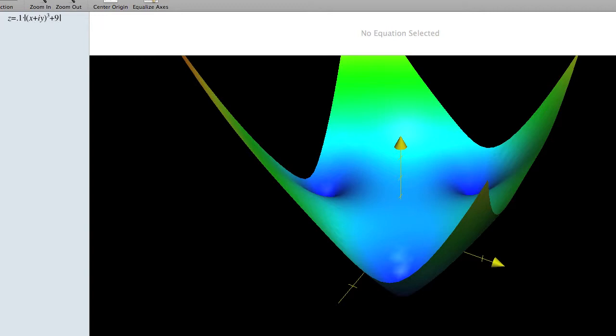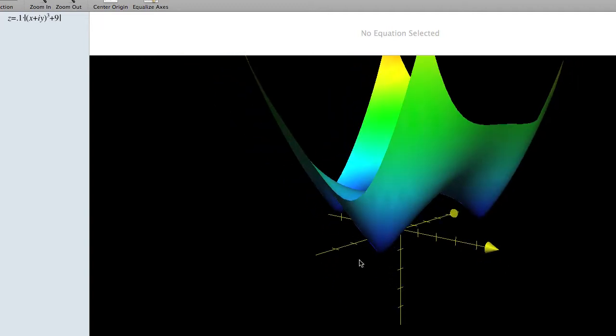So if I plot that polynomial as a complex number, this is what it looks like. Okay, right here is the real axis, this is the x-axis, and this is the y-axis.